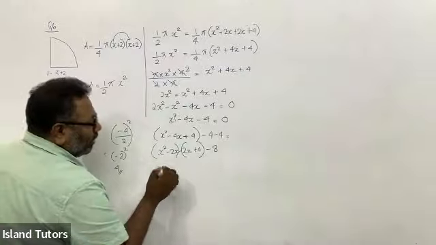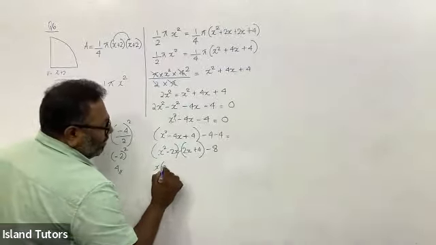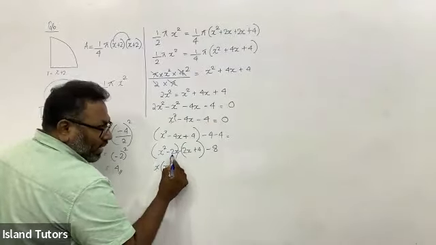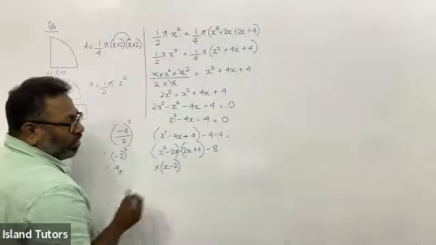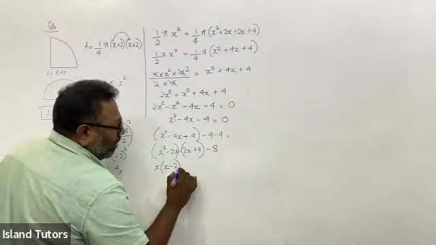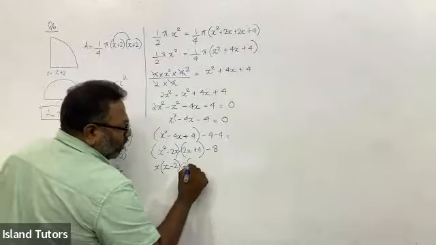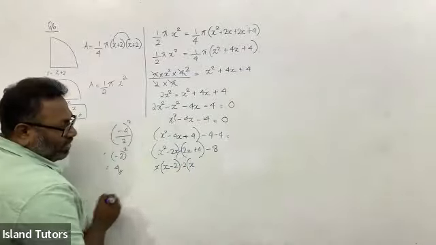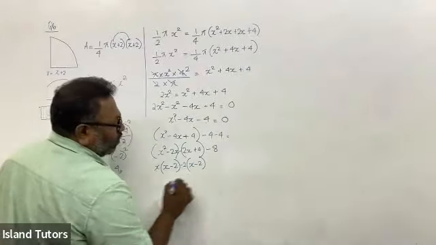Factorize x squared and minus 2x. X is a common factor. X squared divided by x is x. Minus 2x divided by x is minus 2. Minus 2x and 4, common factor minus 2. Minus 2x divided by minus 2x is x. 4 divided by minus 2 is minus 2.